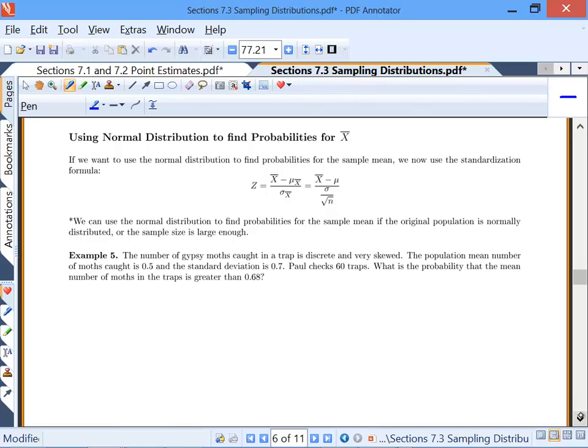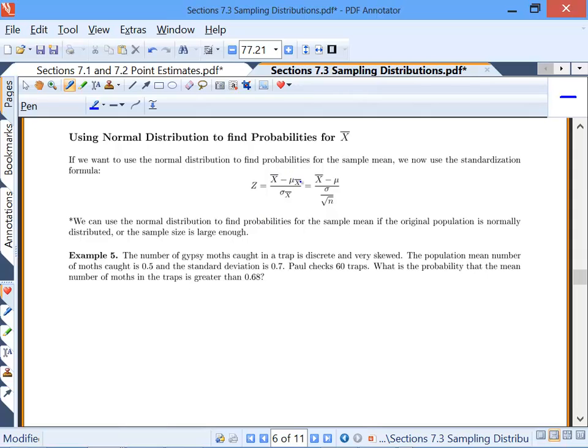So with that in mind, we can use the normal distribution to find probabilities about our sample means. If we want to use the normal distribution to find probabilities for the sample mean, we are now going to use a new standardization formula. Because we know to standardize is our random variable minus the mean of the random variable divided by the standard deviation of the random variable. But now our random variables are x bars.